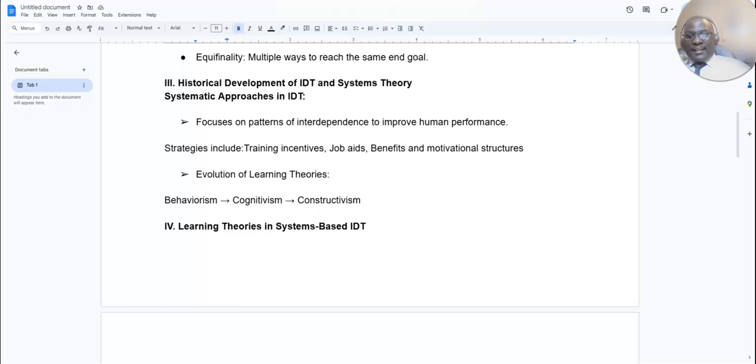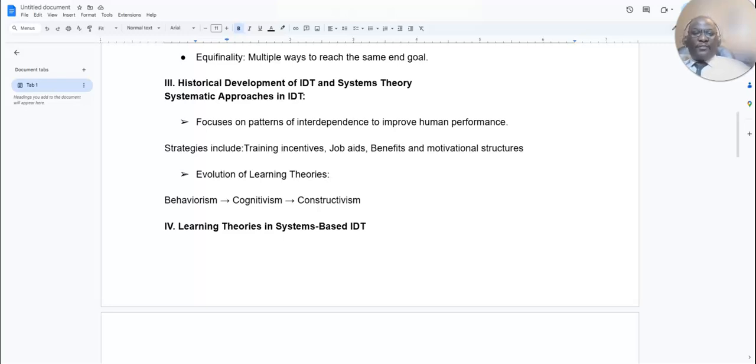Instructional design and technology has always used systematic approaches by integrating training incentives, using job aids and motivation to enhance performance. Learning theories evolved from behaviorism to cognitivism to constructivism.